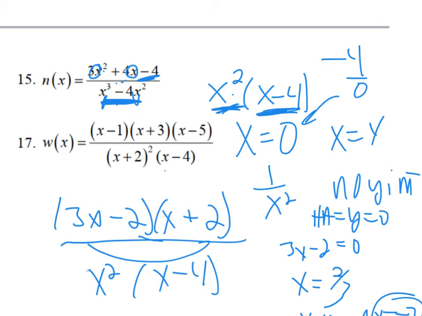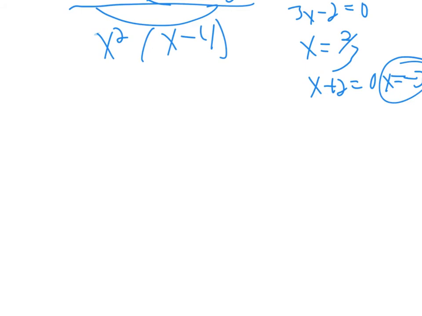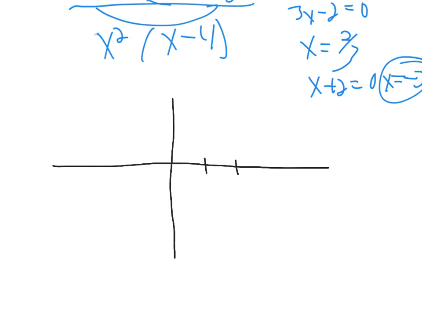Let's try doing some graphing. I'll have to do some scrolling back and forth. Here's an x-axis, or y-axis, here's an x-axis. I know it crosses the x-axis at 2/3. Actually, where are the vertical asymptotes? There's a vertical asymptote at 4.